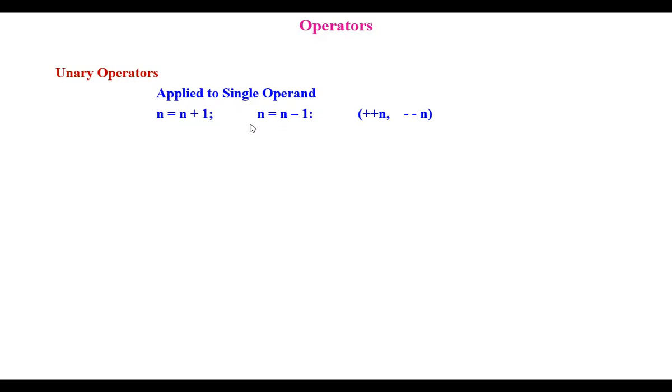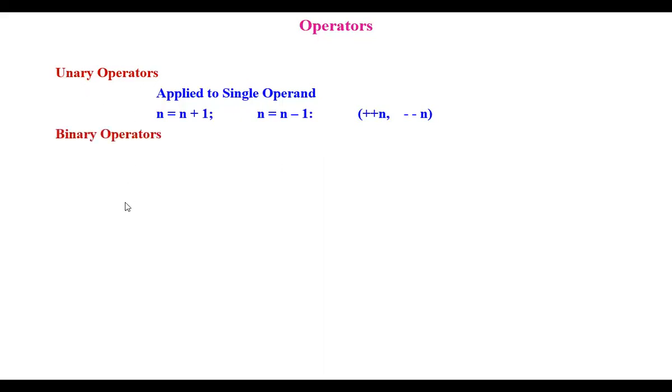Likewise, if it is n is equal to n minus 1, initially if it is 100, after this statement n value becomes 99 because 100 minus 1 is 99. So this is another way of writing these statements. We will see them clearly in the next videos. Don't worry for the time being, because here we are performing operations on only one operand, the one which is being affected, the one which is being used. So this is called unary operators.